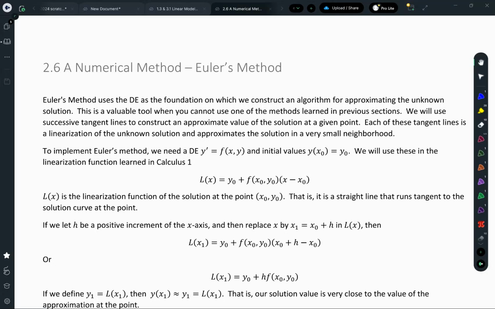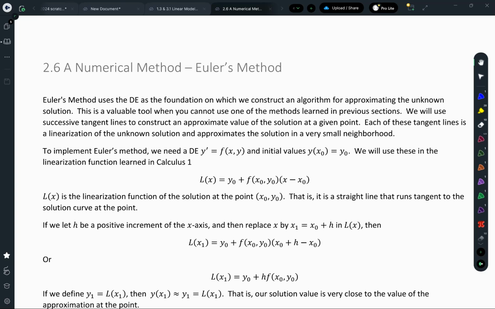Hello. Today we're going to talk about a numerical method called Euler's method. This numerical method is an approximation method. The idea here is that maybe we're not able to come up with an exact value for a solution to a differential equation.